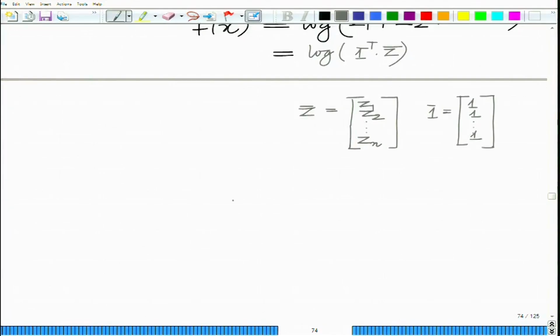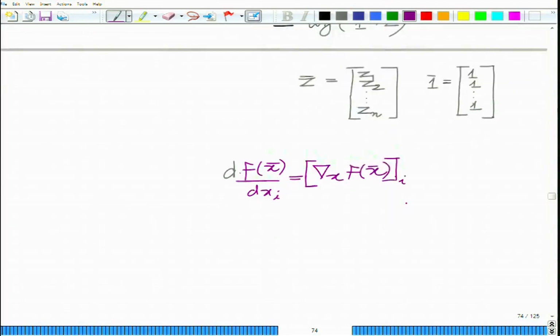Now if you differentiate this with respect to each xi, that is, you are computing the gradient of f of x bar, or rather the ith element of the gradient.